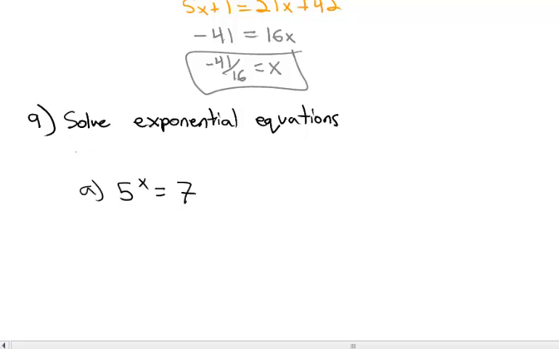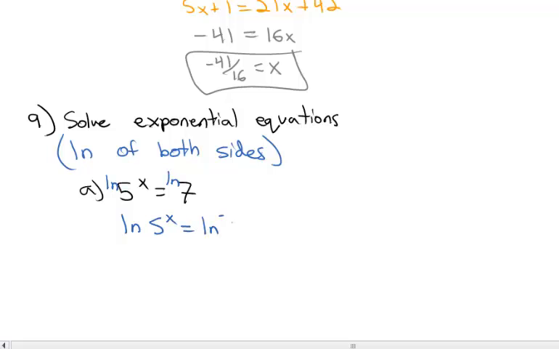So what we're going to do is take the natural log of both sides. That's going to be our strategy. If we can't get the same base, we will take the natural log of both sides. When we do that, we get the natural log of 5 to the x equals the natural log of 7. And now that all-important property says that the exponent can now move out front. X natural log of 5 is equal to the natural log of 7.